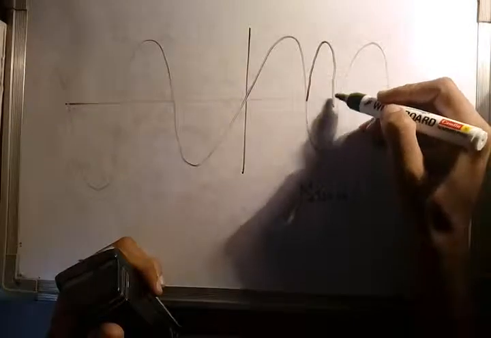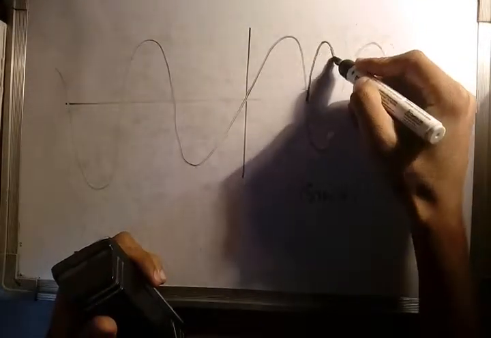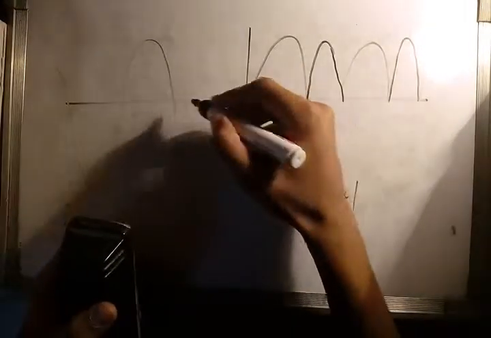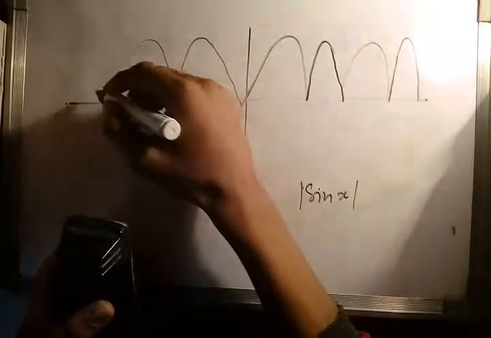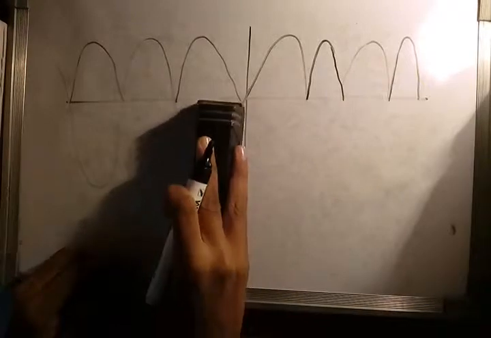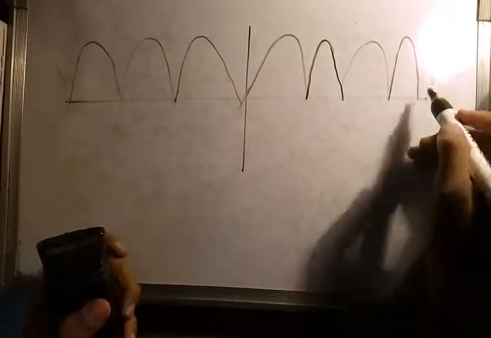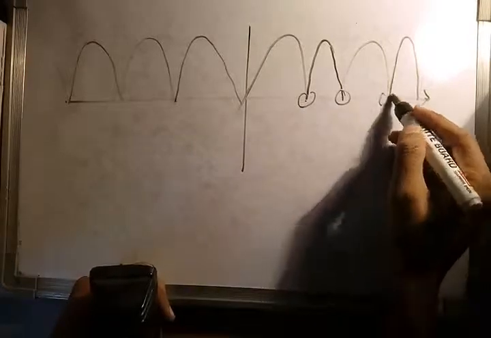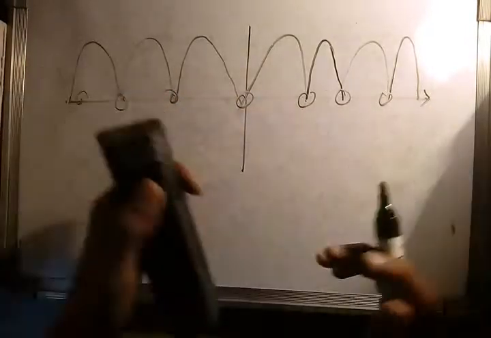Equal height is taken like this, and I'm going to remove this, and the same goes like this. My graph is not to scale, but you can see the basic idea that I'm trying to convey, and the graph becomes like this. So it is non-differentiable at all these points, but you got the idea.